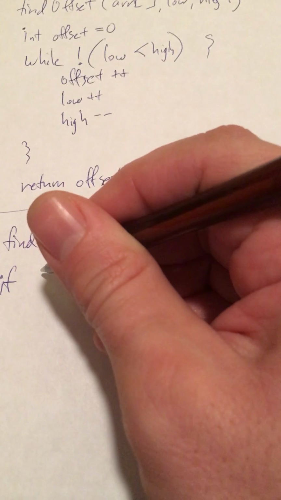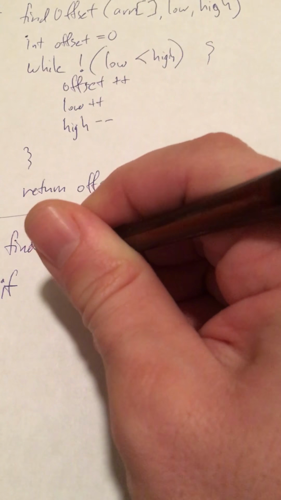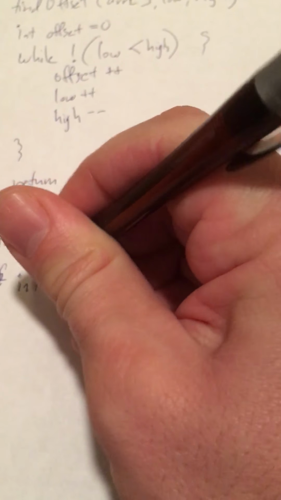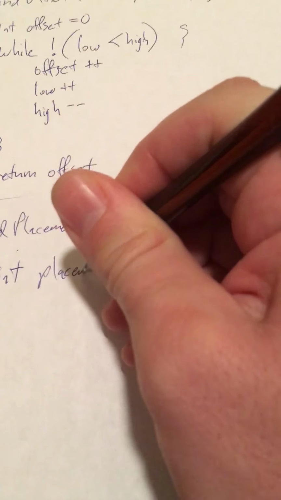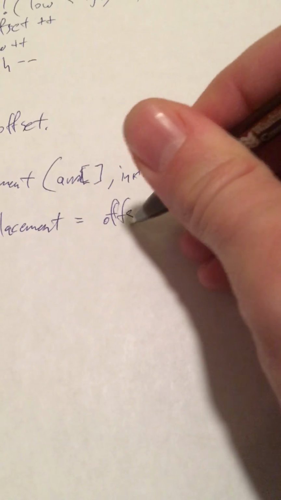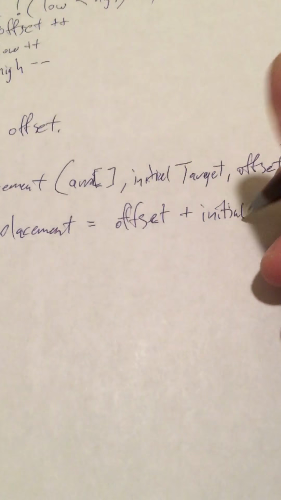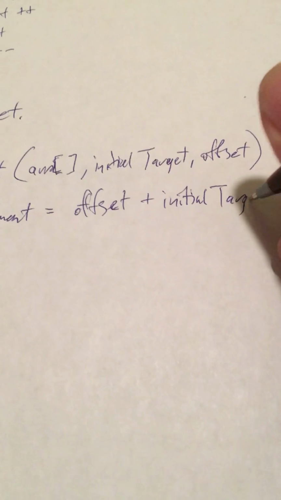I'm just going to create placement first. I'm going to say placement equals offset plus initial target.